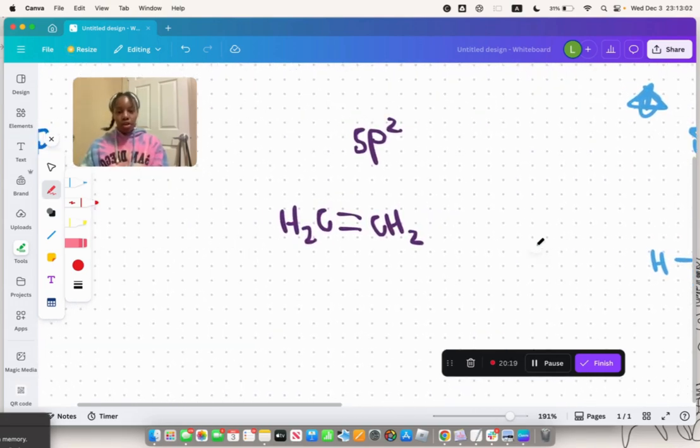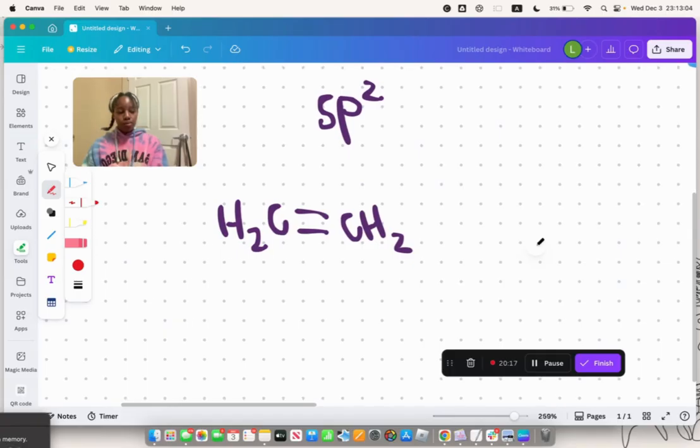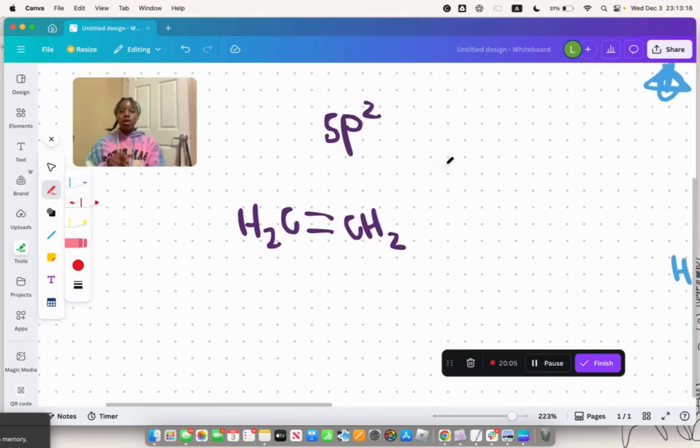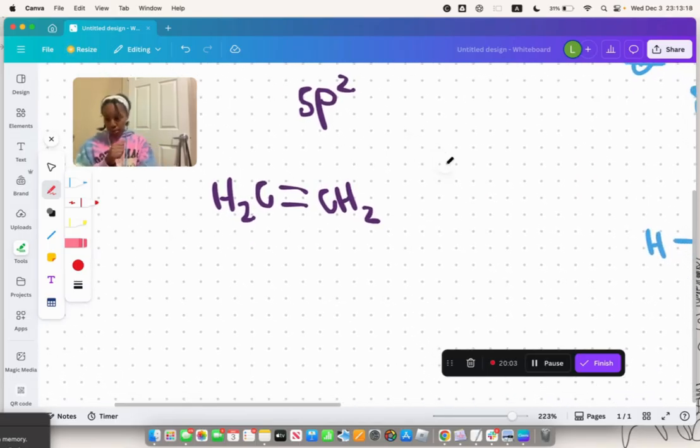So now we're gonna look at ethene, which is a double bonded carbon. So this is an example of an sp2 hybridized orbital.